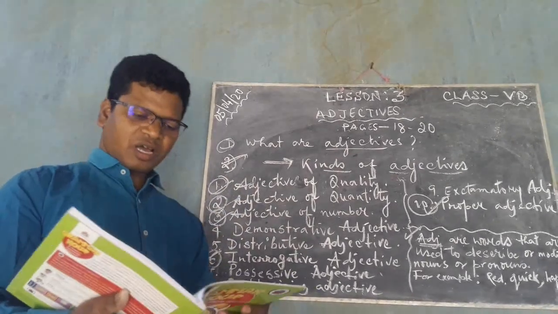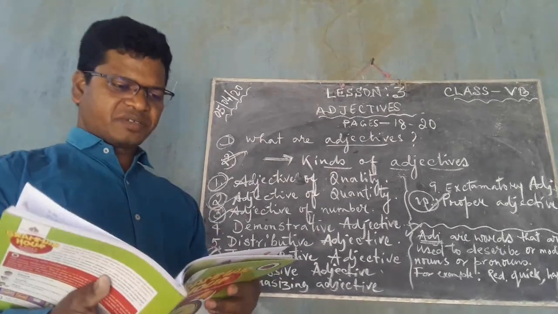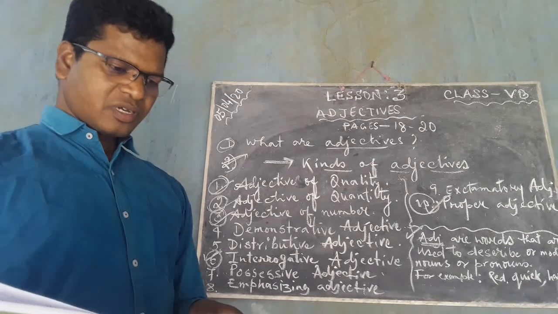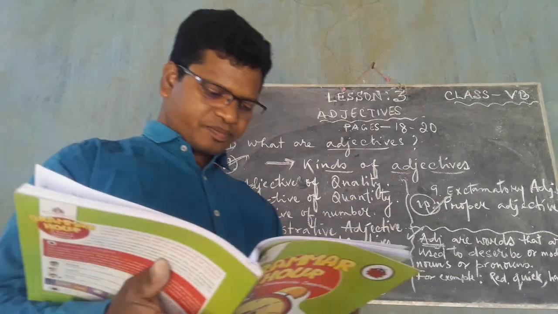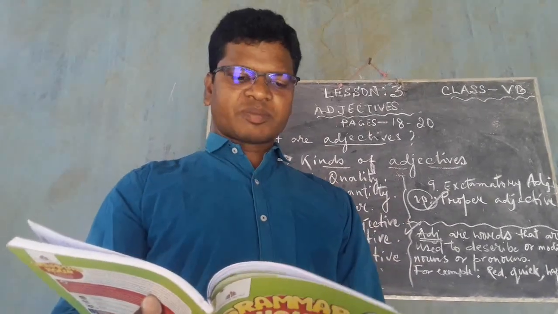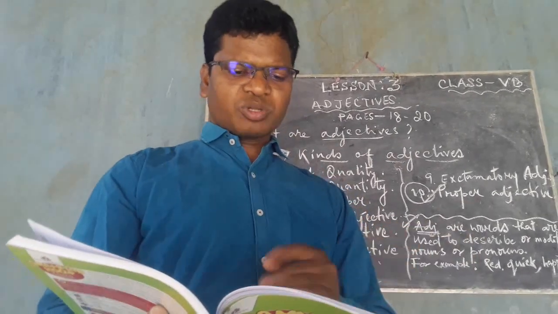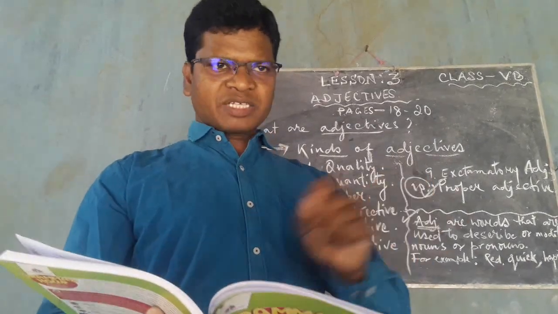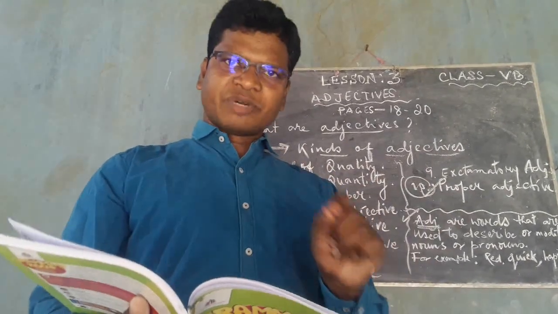Let us now take our book, page number 18. Let us start with the work which is already given at the top. Match the adjectives to nouns that you think work best with them. When you write in the copy, do not match them here and there, but do straight matching.